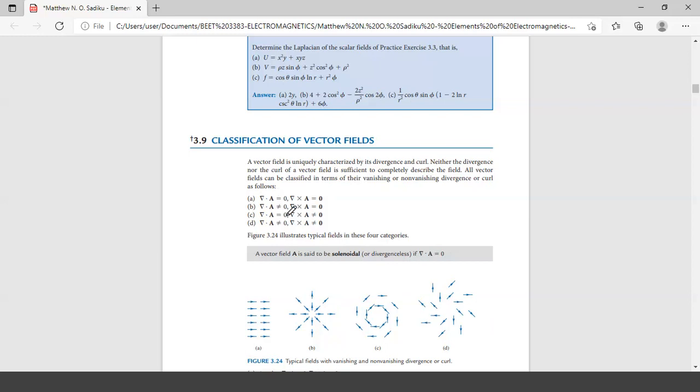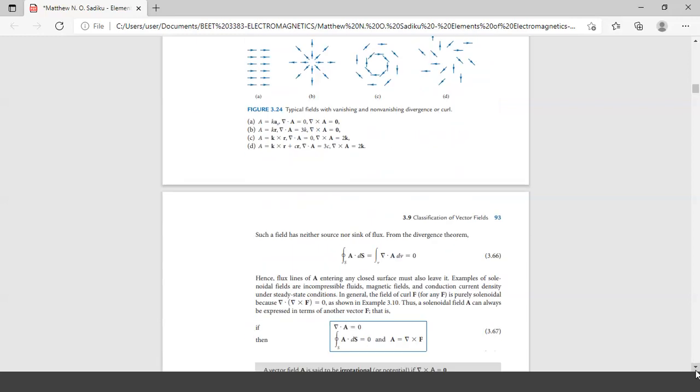Divergent A equal to 0, curl A not equal to 0. Divergent A not equal to 0, curl A not equal to 0. There are four properties in the classification of vector field.